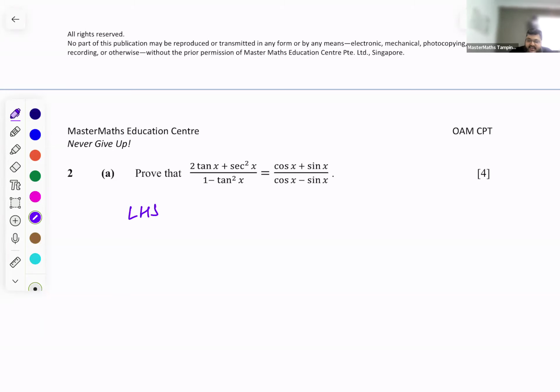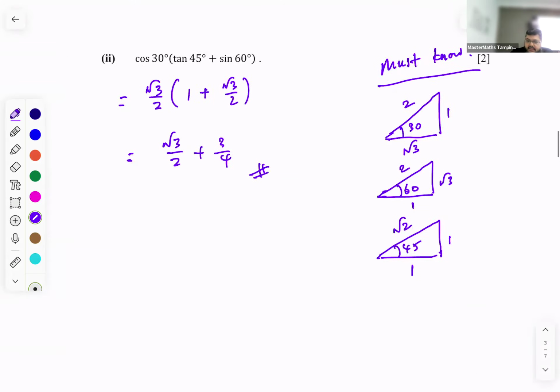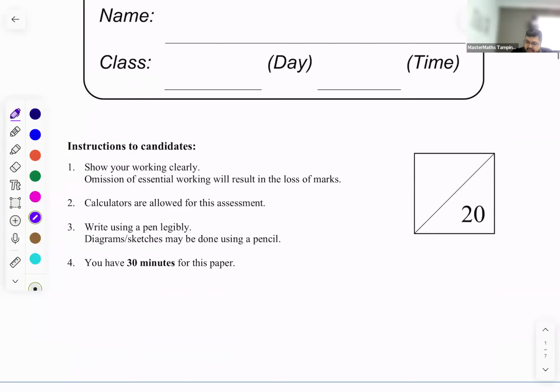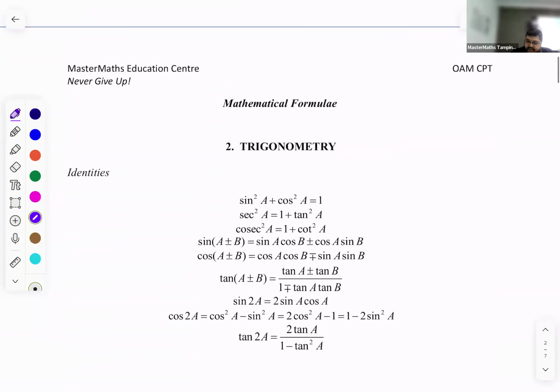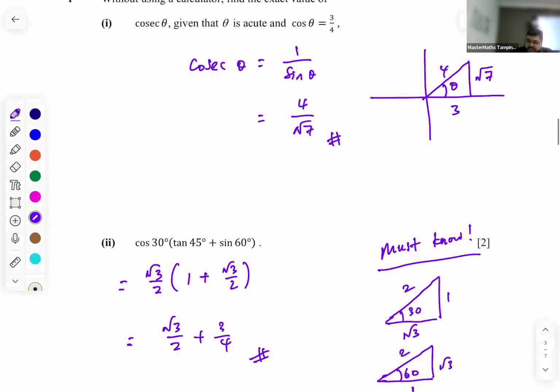Left hand side. So you have 2 tangent x plus secant squared x over 1 minus tangent squared x. Okay, you know that everything is tangent, so you know the formula, right? This formula, you see, is given. So 1 plus tangent squared x is equal to secant squared x, right? So you can use that formula.